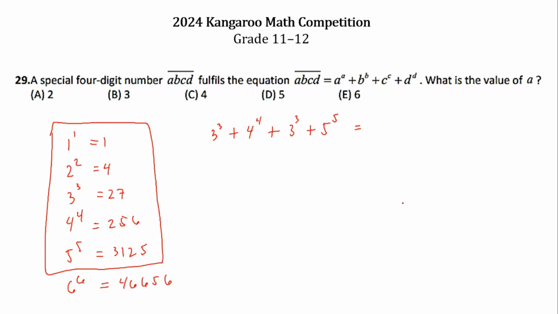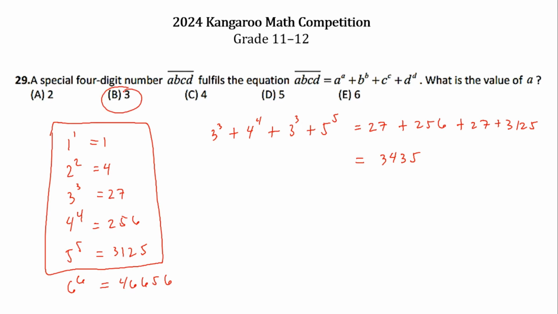Okay, so that's 27 plus 256 plus 27 plus 3125. If you add these numbers, you'll get 3435, which satisfies the given equation. Now, we are only asked about the value of A. So the value of A is 3. So that's option B.